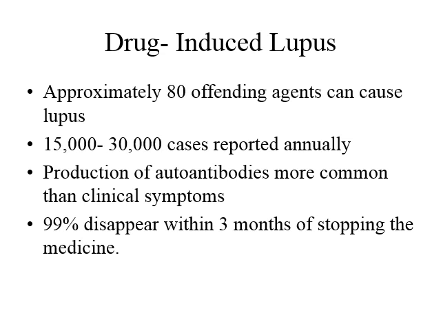Drug induced lupus, approximately 80 offending drugs can cause lupus. 15,000 to 30,000 cases reported annually. Production of autoantibodies is more common than clinical symptoms. 99% disappears within 3 months of stopping the medicine.